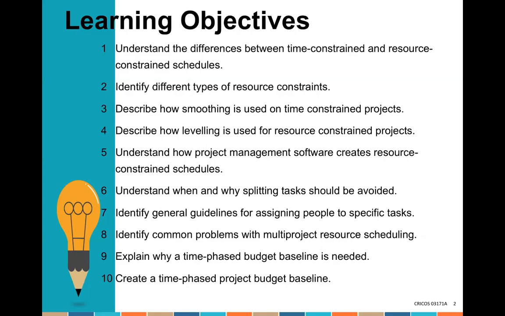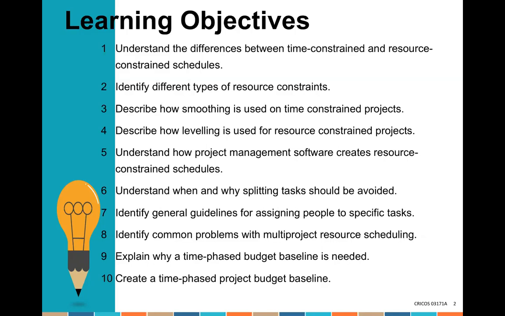Or sometimes you might say, let's pay people overtime, but let's extend the duration of that project. We can understand how project management software creates resource constraint schedules. There will be a constraint in the schedule, and software like Microsoft Project can help you. We can understand when and why splitting tasks should be avoided.